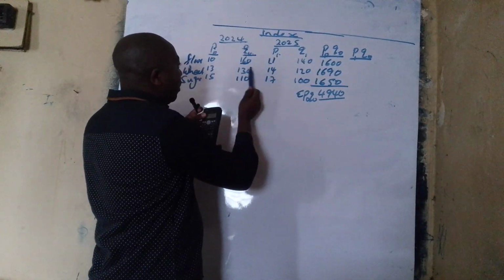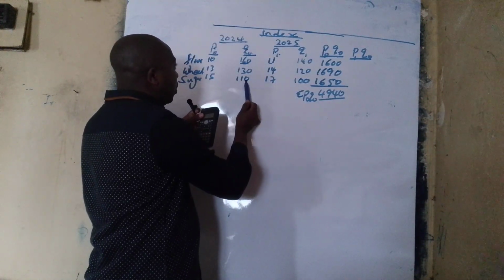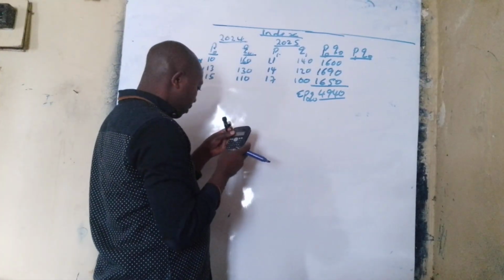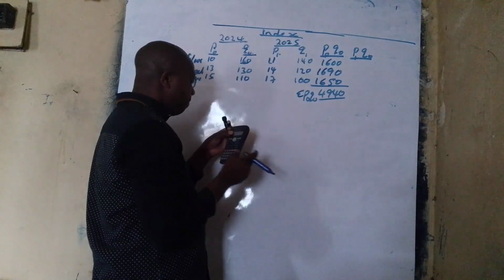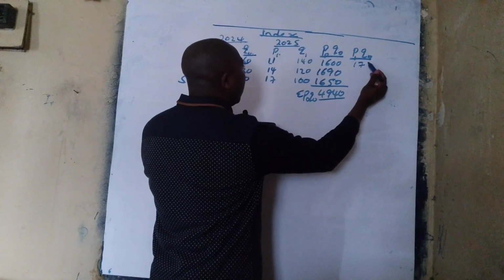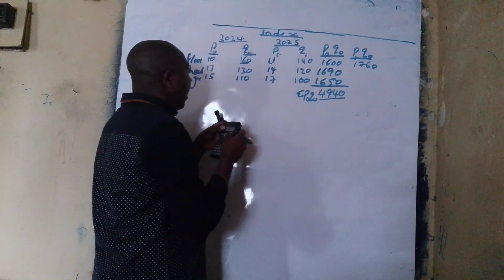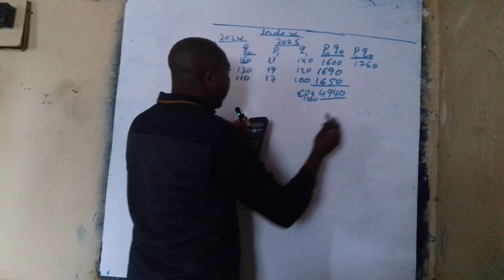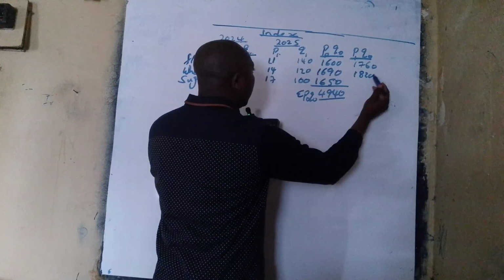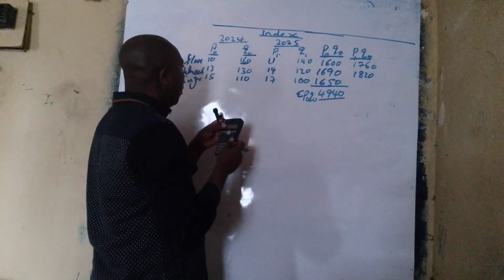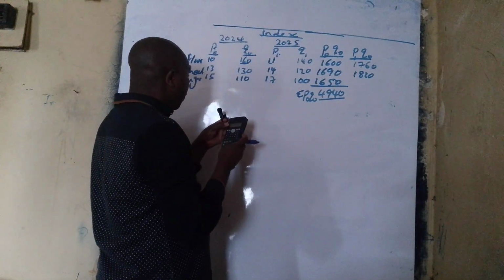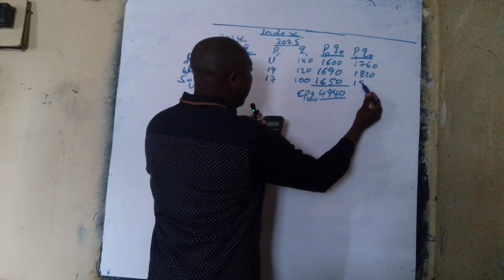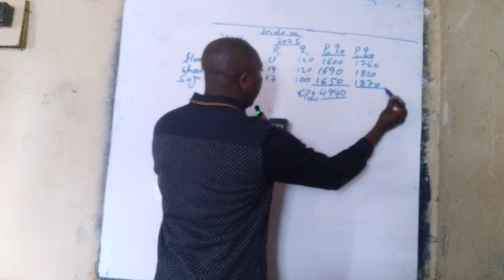Let's come to P1Q0. So 160 by 11, that is 1760. 130 by 14, that is 1820. 110 by 17, that is 1870.